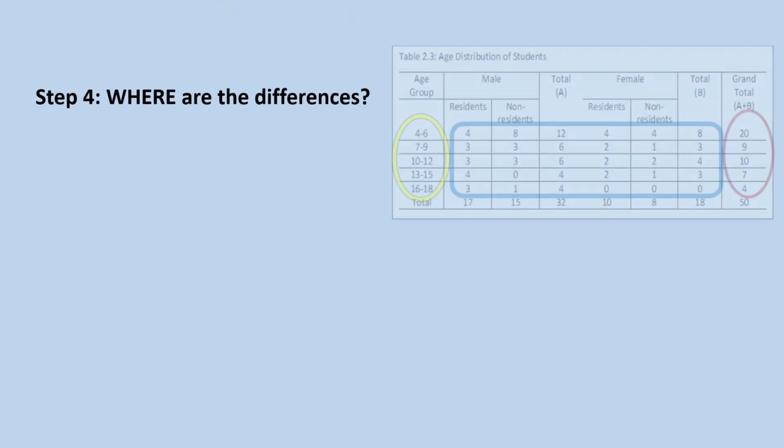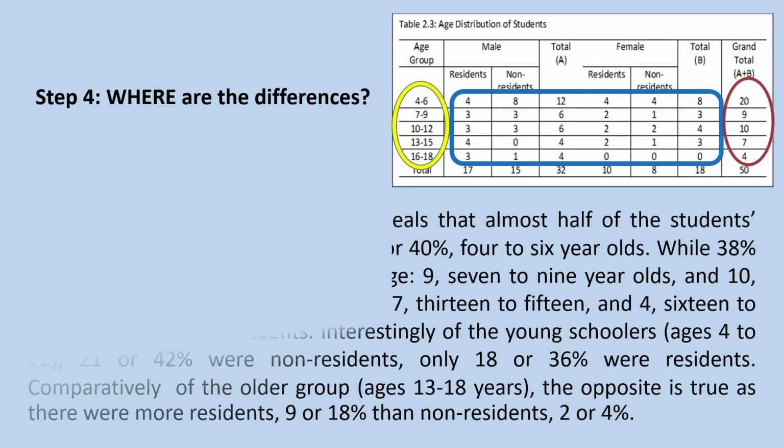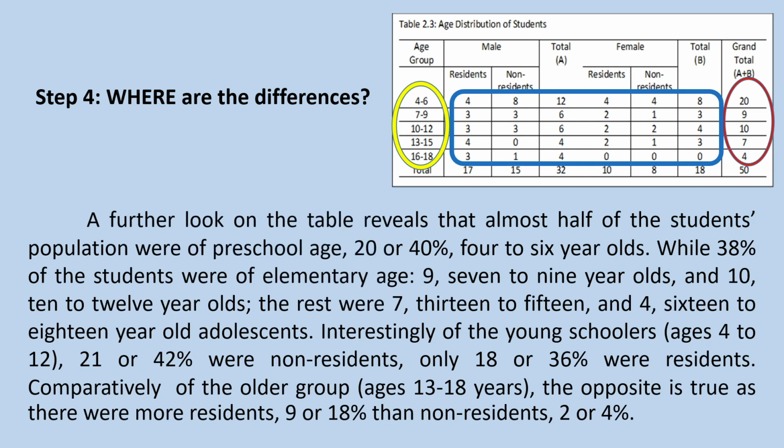Looking at the students' age distribution and categories, residents and non-residents, we found out that almost half of the students' population were of preschool age, 20 or 40%, 4 to 6-year-olds, while 38% of the students were of elementary age, 7 to 9-year-olds, and 10 to 12-year-olds. The rest were 7, 13 to 15, and 4, 16 to 18-year-old adolescents.